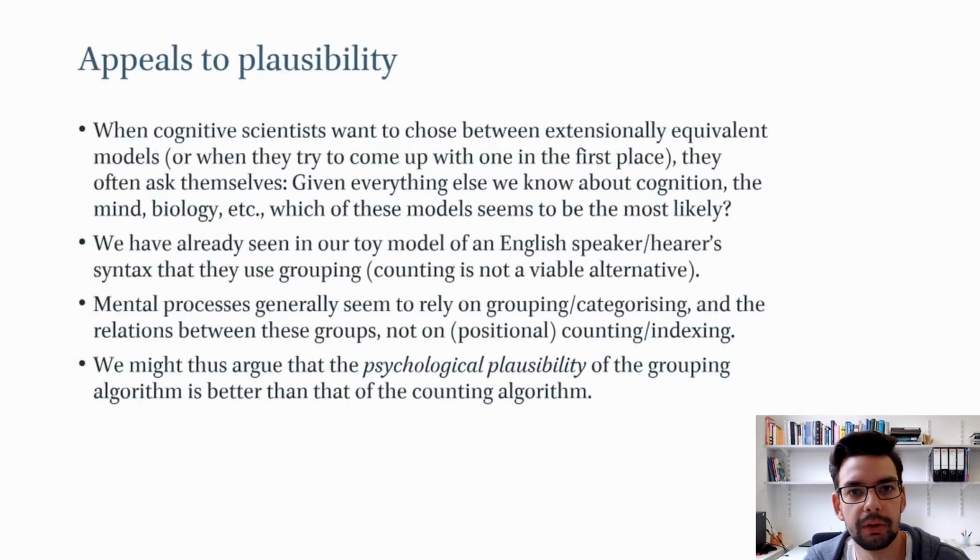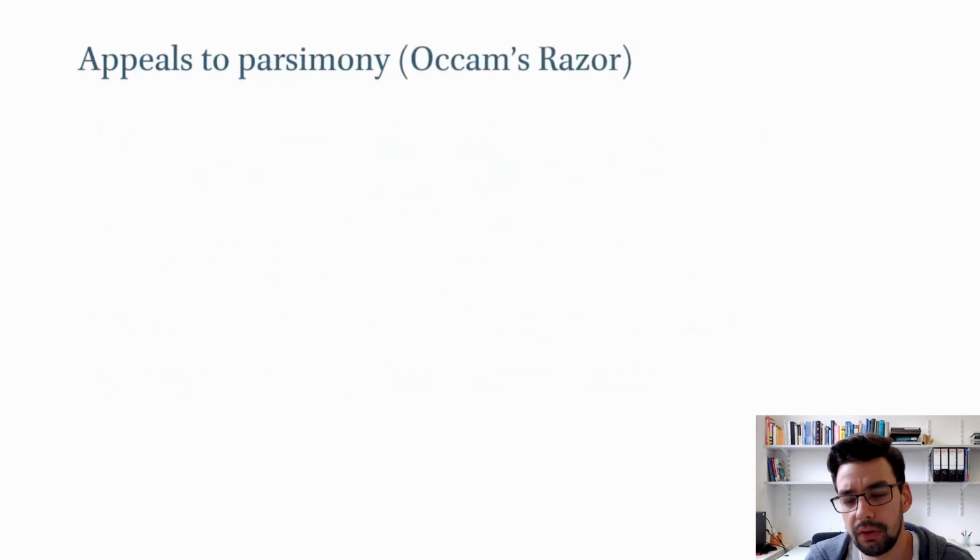So that might be one argument one might make to say, well, if I'm going to assume that one of them is right and one is wrong, because that's something I have to do in order to step forward and show whether that really is the case, then I'm going to choose the grouping algorithm because of psychological plausibility. Another argument that people often make is parsimony.